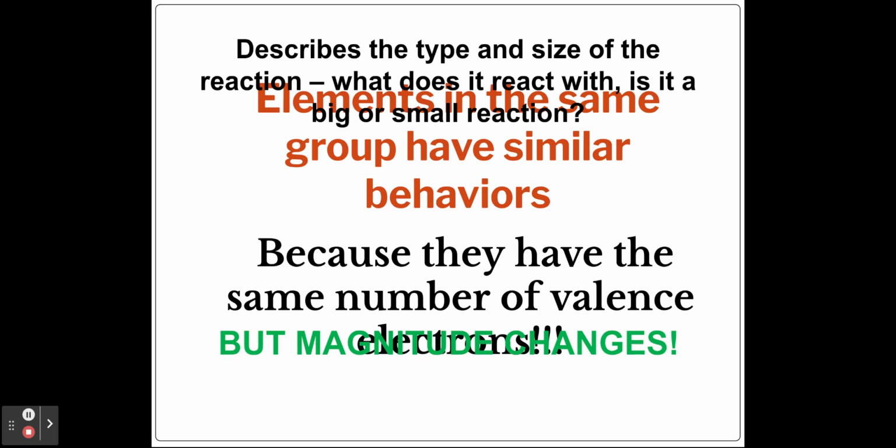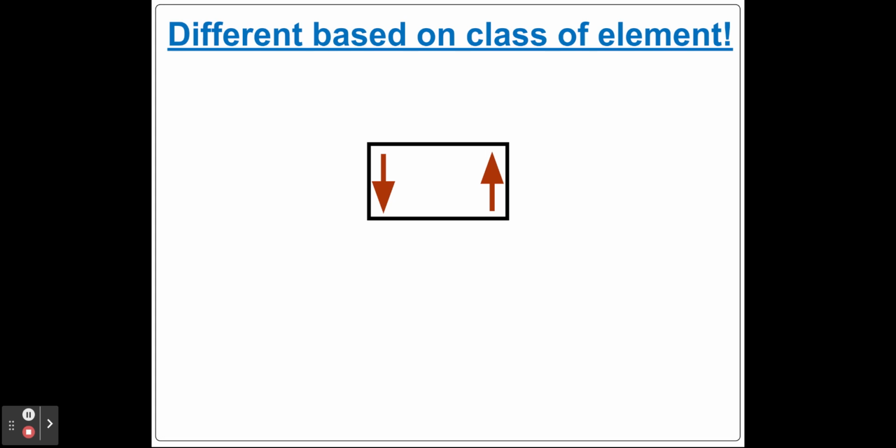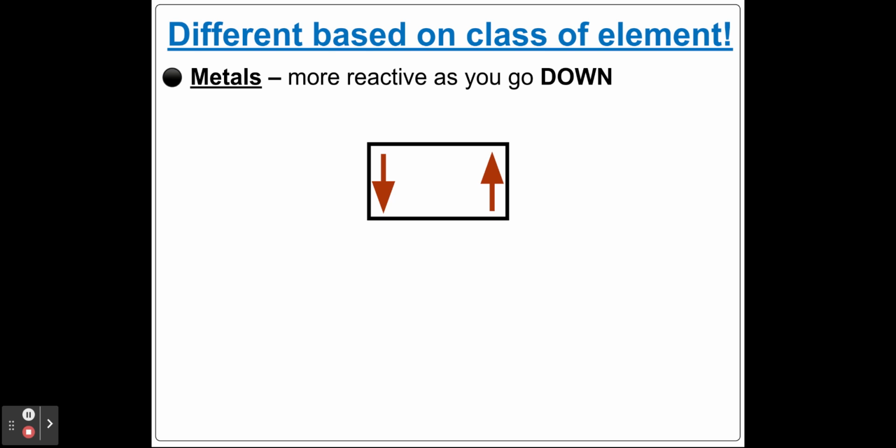So elements in the same group are going to undergo the same reactions, but as you go down a group, the magnitude of that reaction is going to be different. It's going to change as you go down a group. So what's the pattern? It's different based on the class of elements. For metals, the reactivity increases as you go down a group.